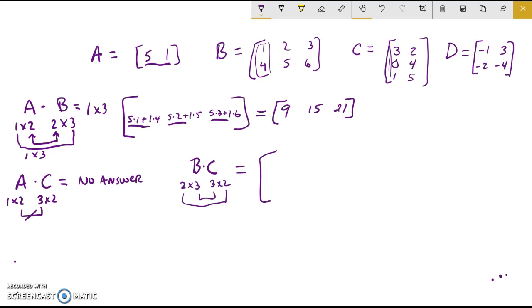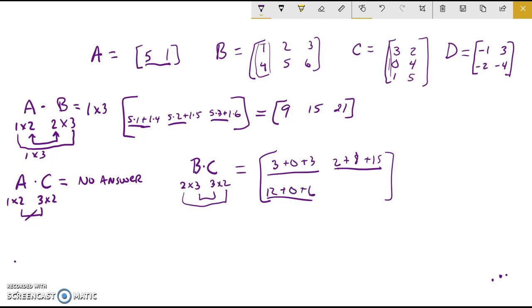So we go 1, 2, 3 times 3, 0, 1. So 1 times 3, 2 times 0, and 3 times 1. And that gets us the upper left spot in this 2 by 2 answer matrix. To get the upper right spot, we multiply the upper row times the right column. 1 times 2, 2 times 4, and 3 times 5. Bottom left, 4 times 3, 5 times 0, and 6 times 1.